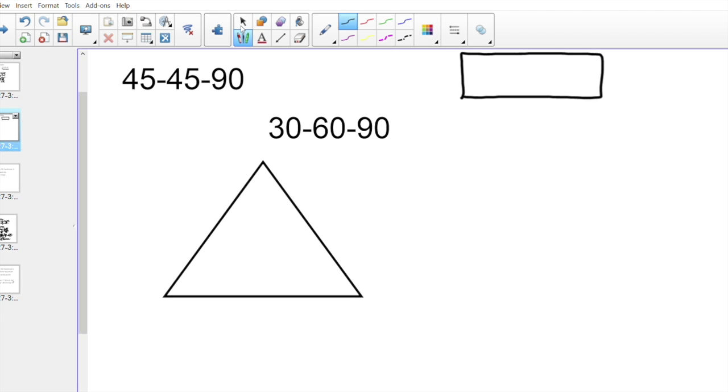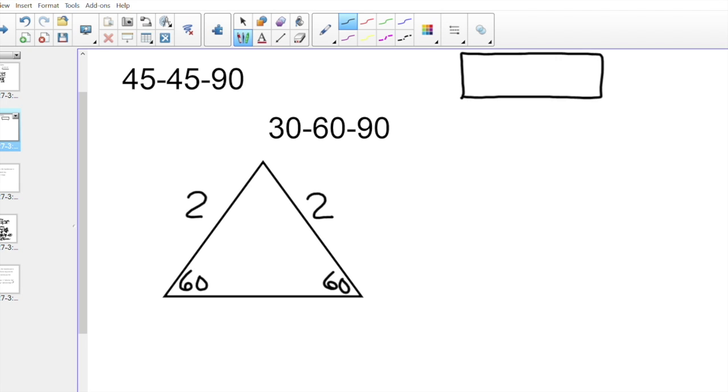So we're going to say in our demonstration that this side is 2, and this side is 2, and of course the bottom is 2. Each angle is 60, this is 60, and that's 60.